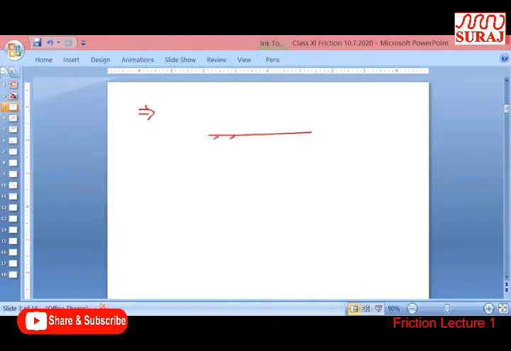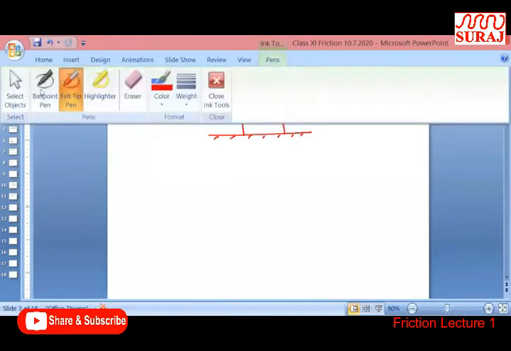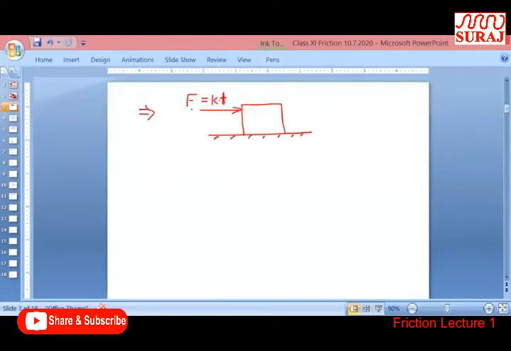What happens if we try to analyze the things in steps? In the first step, suppose the applied force F equals kt. As the time increases, this force will keep on increasing, because it varies directly with time, as I have taken. So as time elapses, this force keeps on increasing.